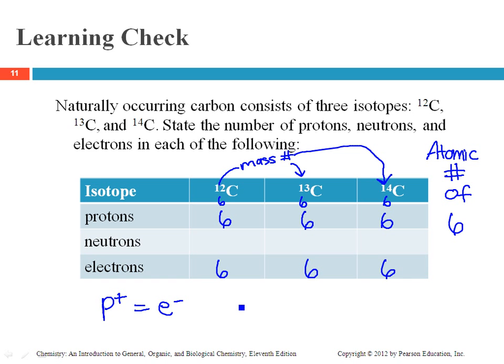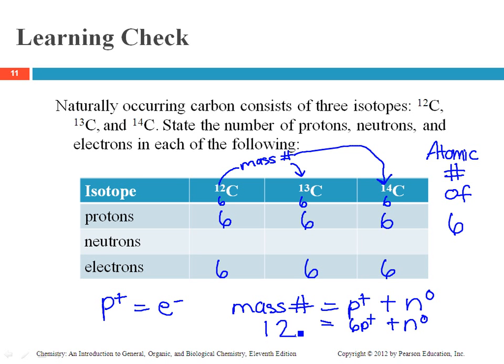So we know that the mass number is equal to protons plus neutrons. We know we have 6 protons. In our first column here, we have 12 as our mass number.